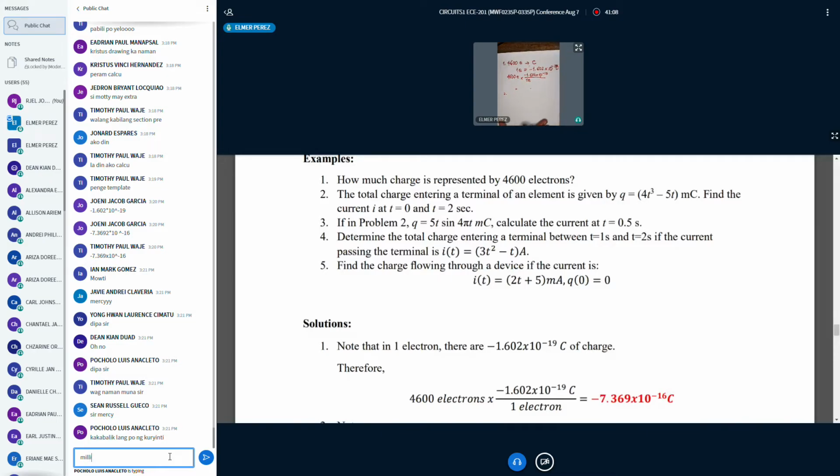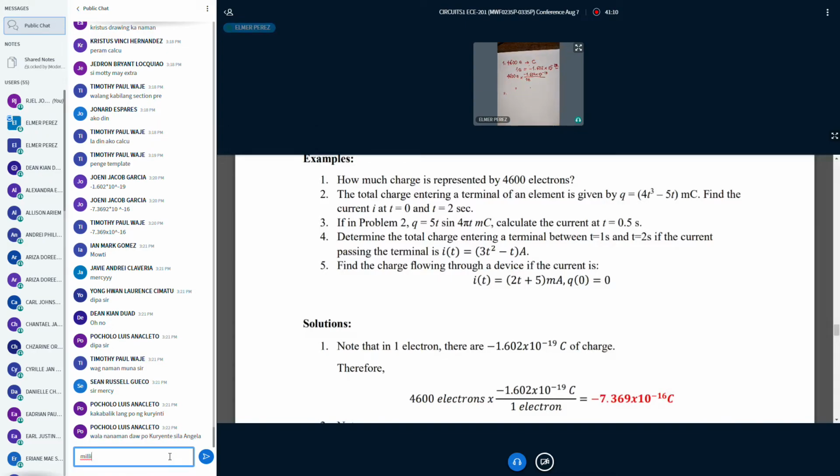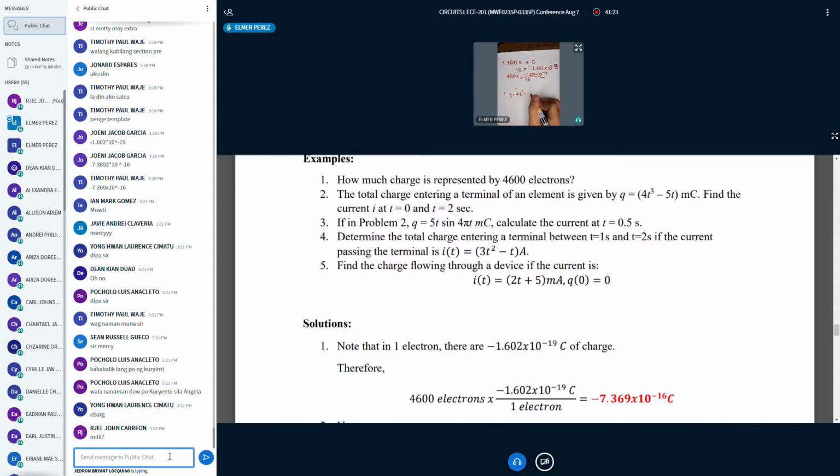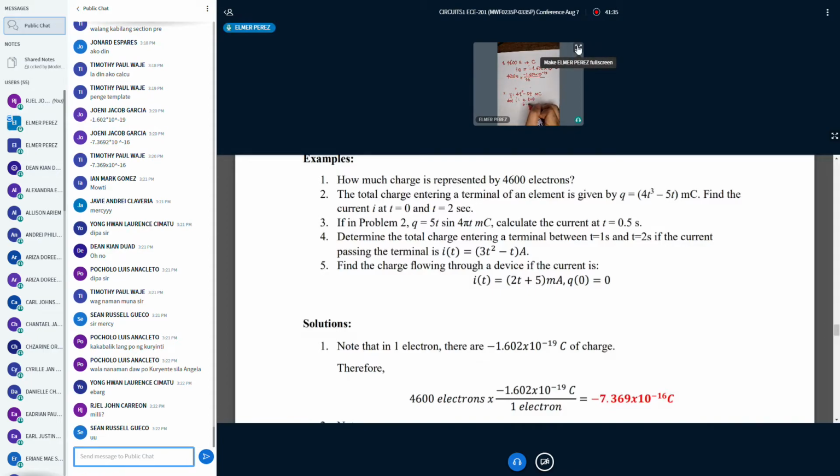So number 2 ay tanong. Given na equation ng charge na 4t cube minus 5t microcoulomb. Determine I if A, t is 0, B, t is 2 seconds.